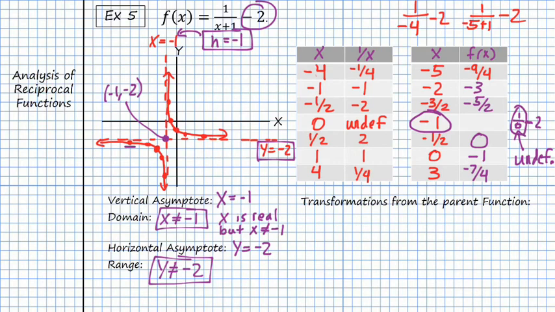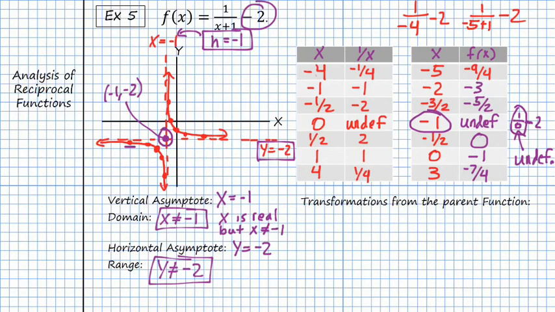So this is now undefined. So we have to have this undefined point over here at -1, -2. We are not able to graph it. Our graph will approach it, but we're never going to be able to do this operation, this 1 divided by 0. So that's our key issue here.